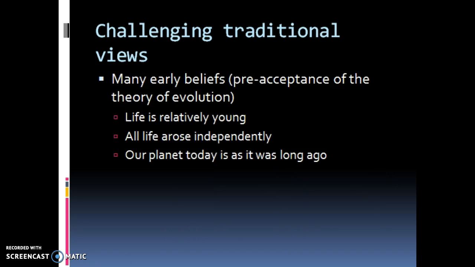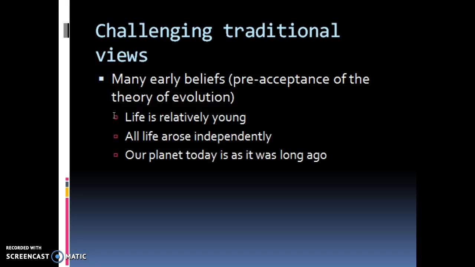So continuing on with evolution and some of the things that led us to begin to consider evolution as something that does in fact occur, would be some of the early beliefs that humans had. One of them is right here on our screen: life is relatively young. Not too long ago, in the mid-1800s, there were people who widely believed that life was only a couple hundred, maybe 1,000 years old.